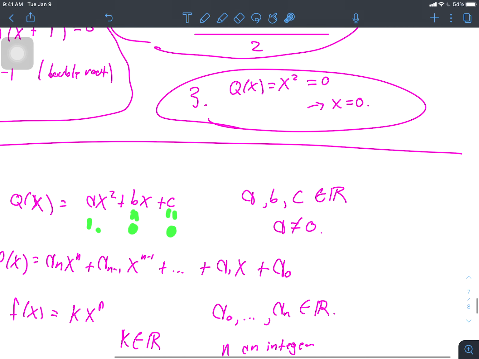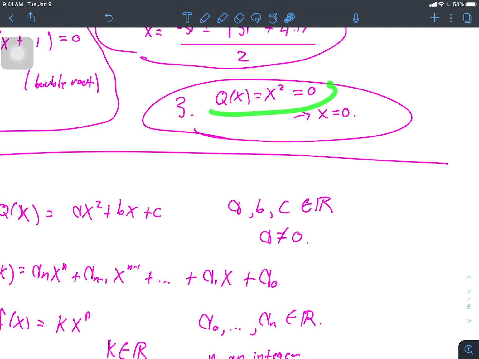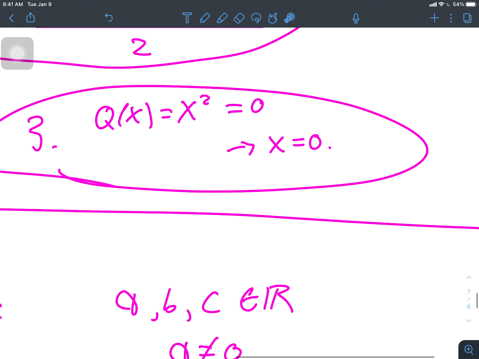Well, if you do that, then you just get q of x equals x squared. x squared is a quadratic polynomial. Its a value is non-zero, and its b and c values are real numbers. So I'm all good. And if x squared is equal to 0, then, well, this is the simplest one to solve. You take a number, you square it, you get 0. That number should have been 0.